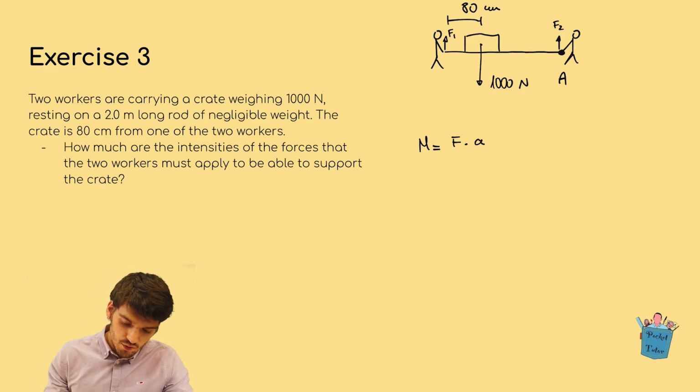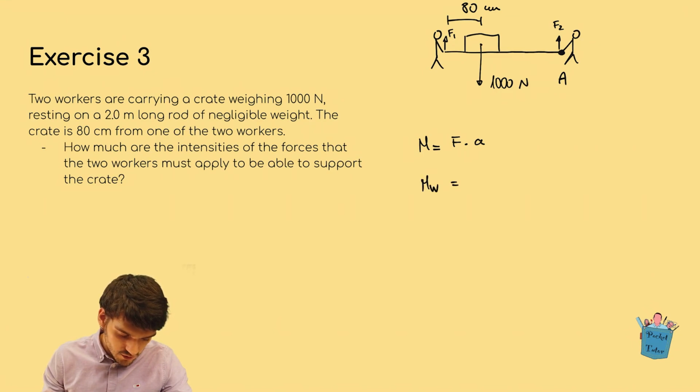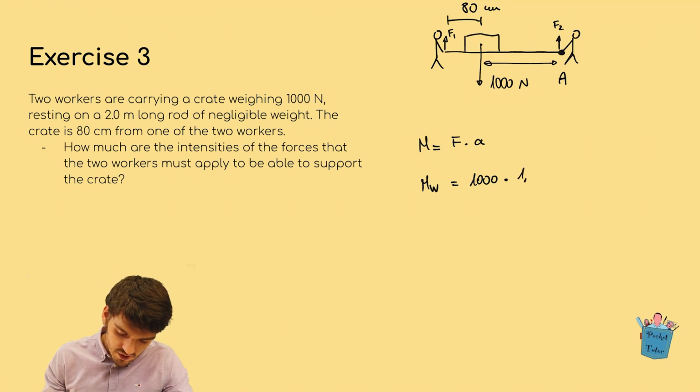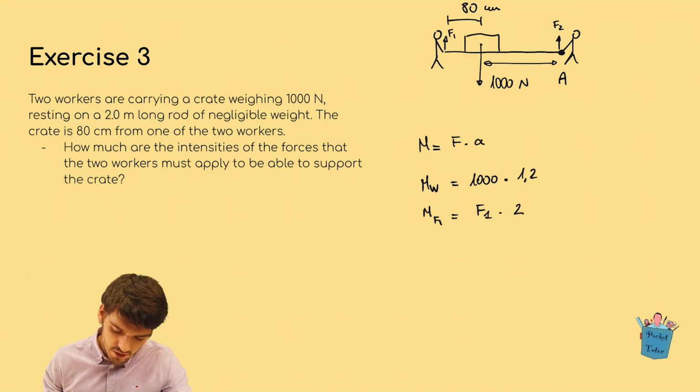So we know that the momentum from the weight itself, so from the crate, will be equal to 1,000 newtons times its distance from the application point, which is 1 meter and 20 centimeters, while the momentum of F1 will be equal to F1 times its distance, that is 2 meters.